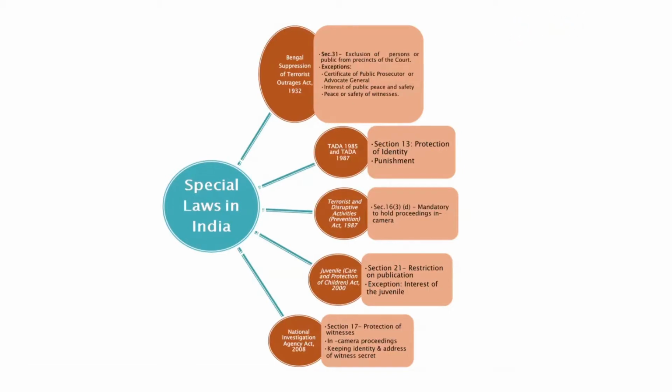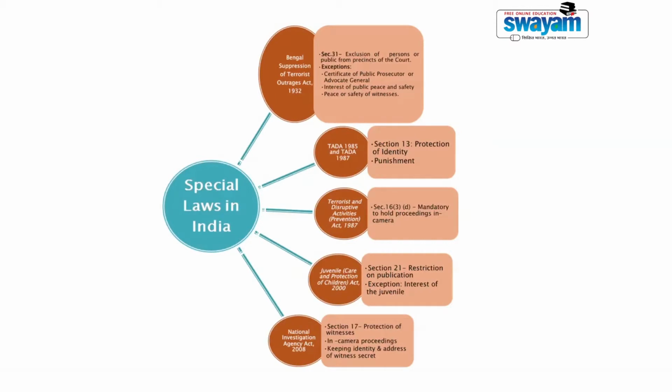The first one is the West Bengal Act of 1932, that is the Bengal Suppression of Terrorist Outrages Act 1932. Section 31 speaks of exclusion of persons or public from the precincts of the court, when at the time of trial of a case related to a terrorist act or organized crime, the persons or public will be excluded and will not be allowed in the precincts of the court.